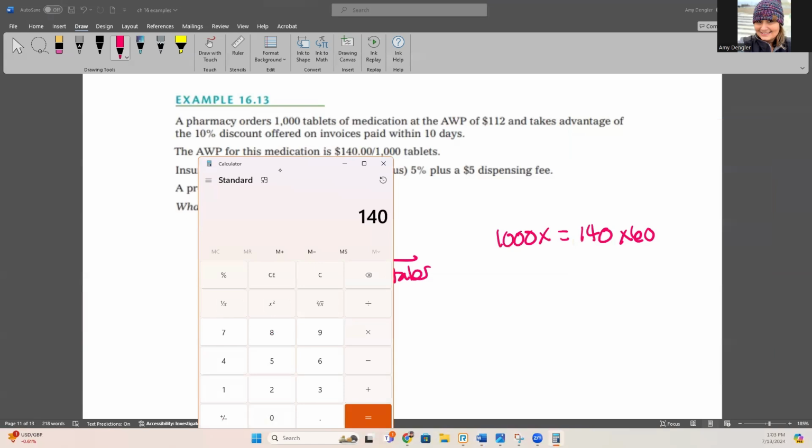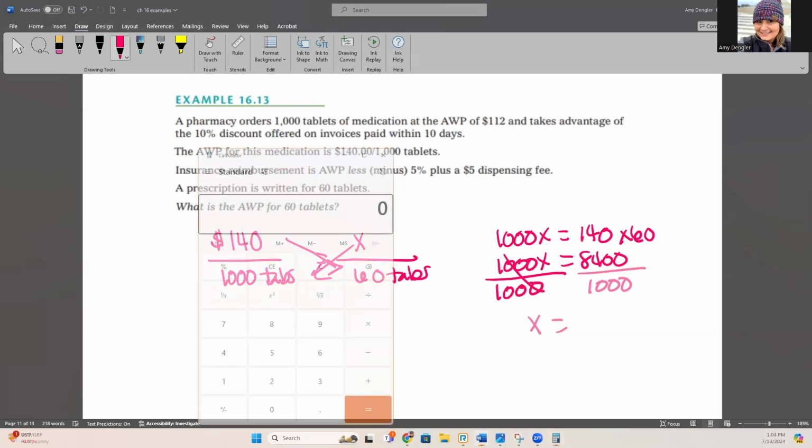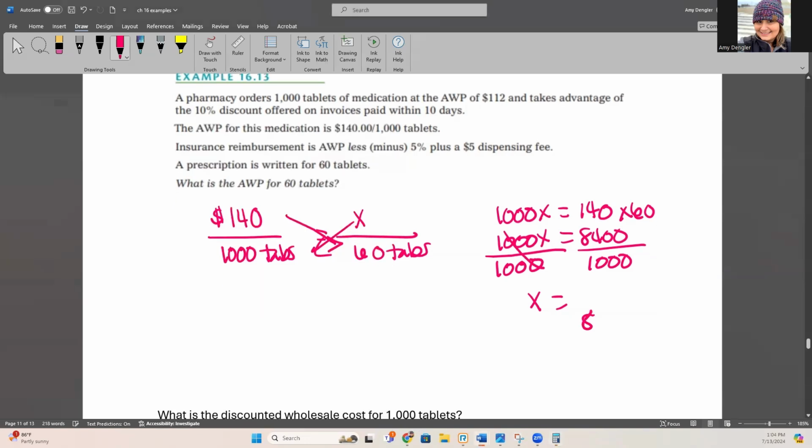So 140 times 60 first, 8,400. We still have 1,000x. We want to get x alone. So 8,400 divided by 1,000 gives us 8.4. So $8.40.